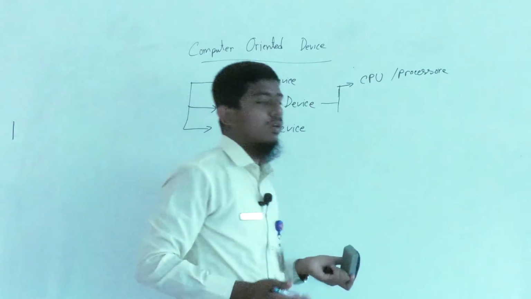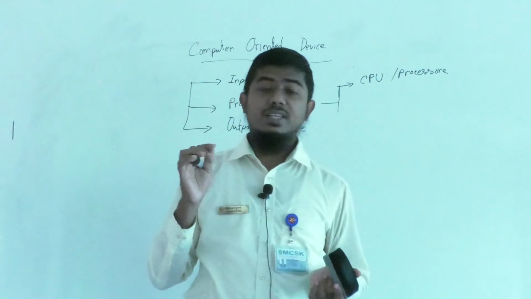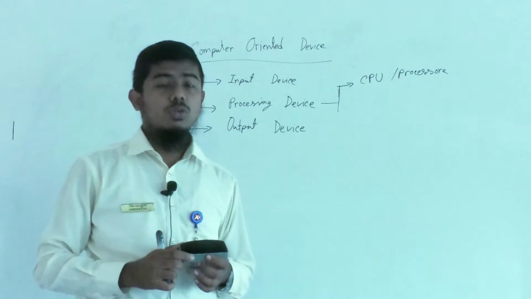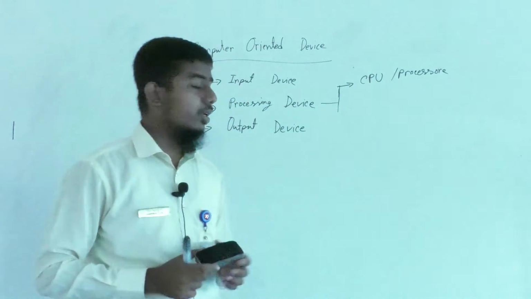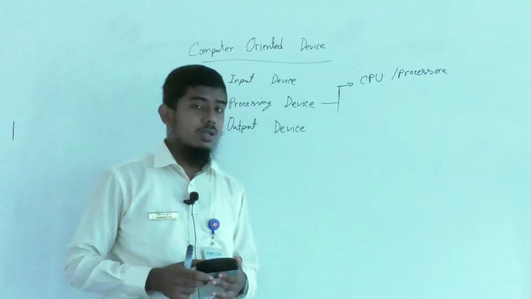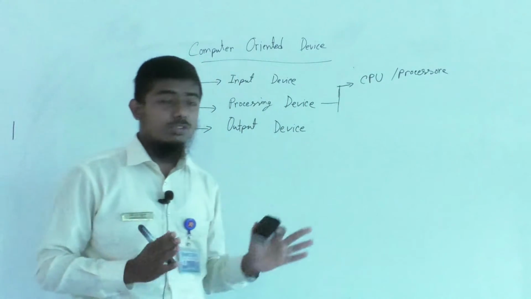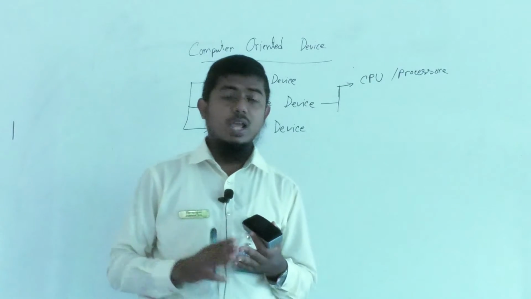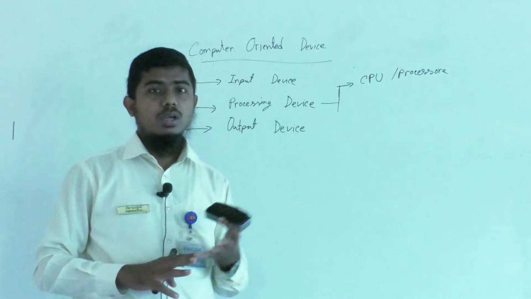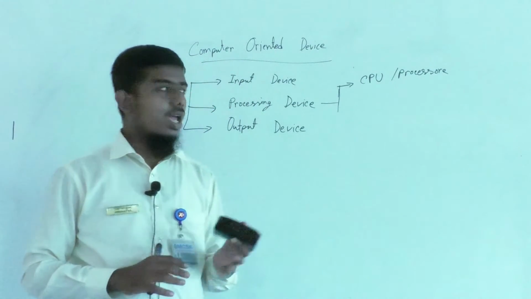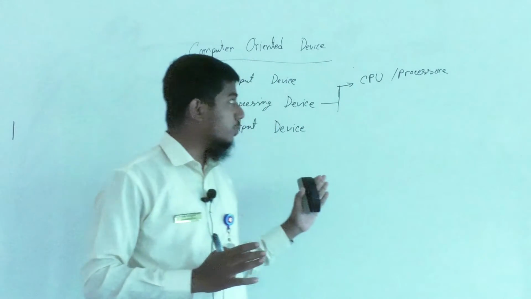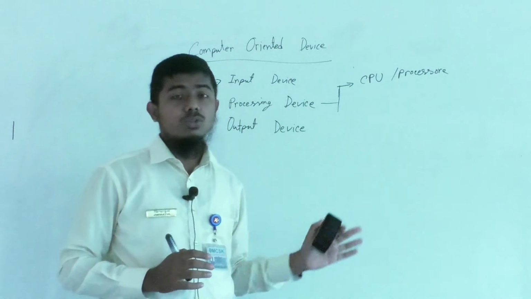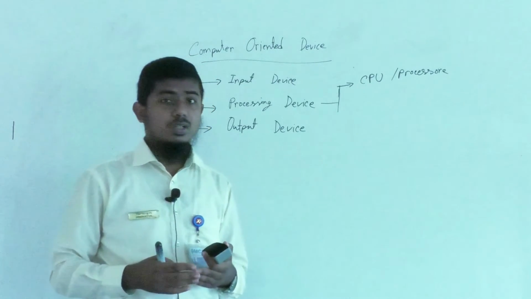What is a processor? A processor is an integrated chip. There are a lot of resistors combined, creating a processor. The processor has three parts, including the arithmetic and logical unit. This processor is used to process the data.